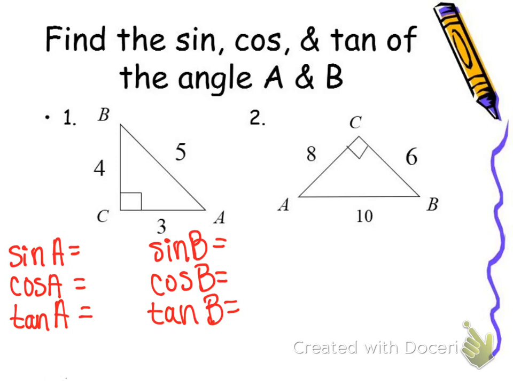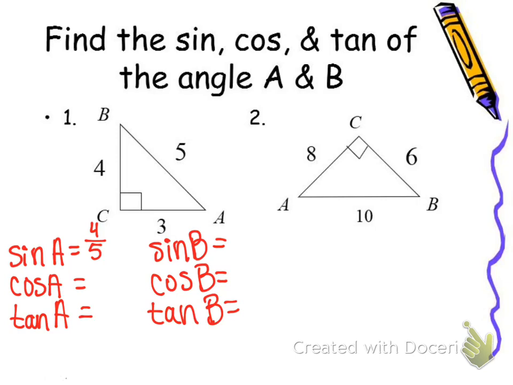Sine is what over what? Opposite over hypotenuse. What side is opposite angle A? 4. And what side is the hypotenuse? 5. For the cosine of angle A, we want what over what? Adjacent over hypotenuse.